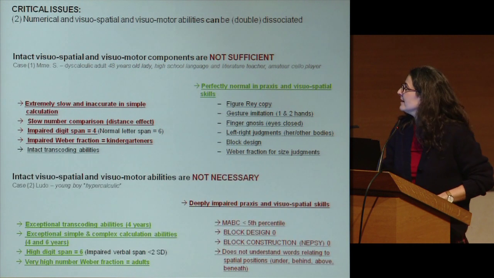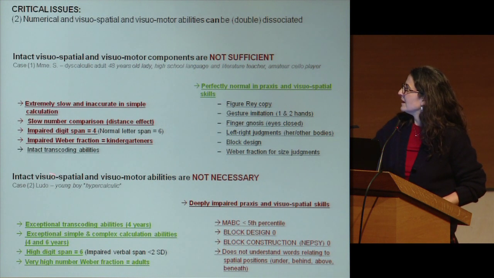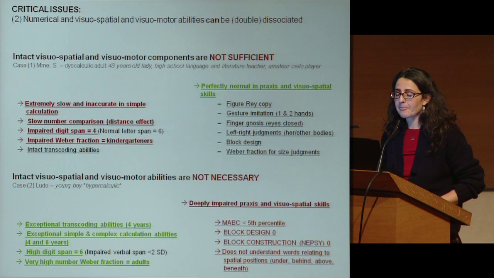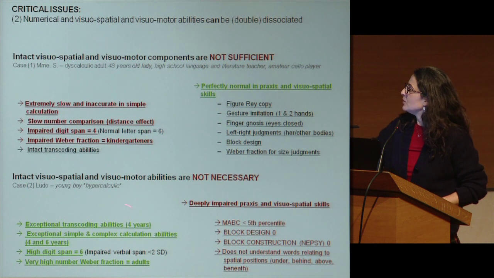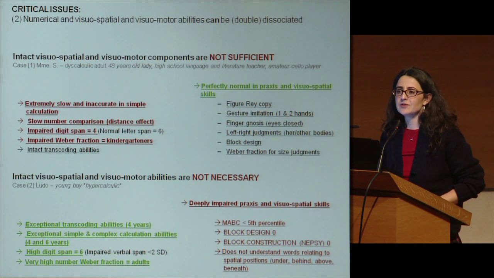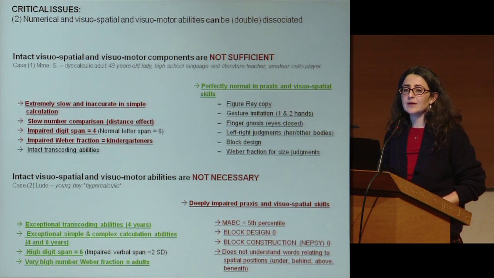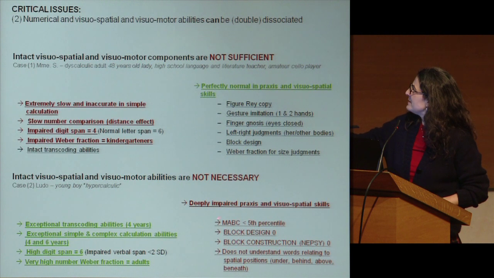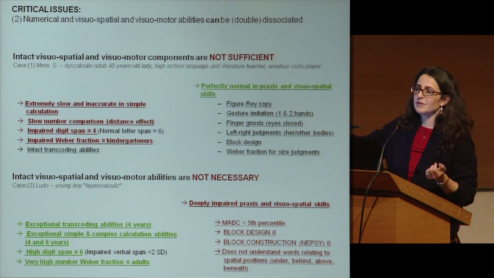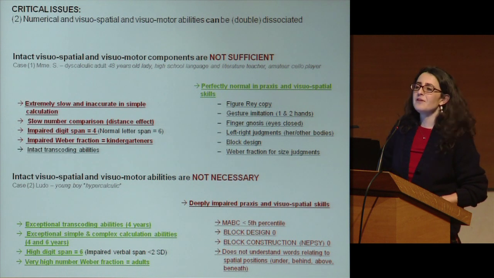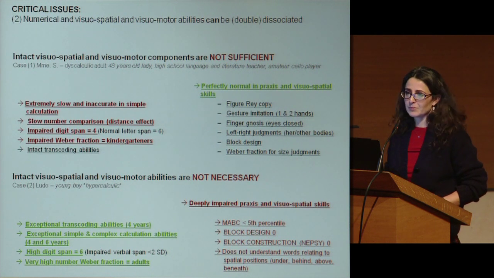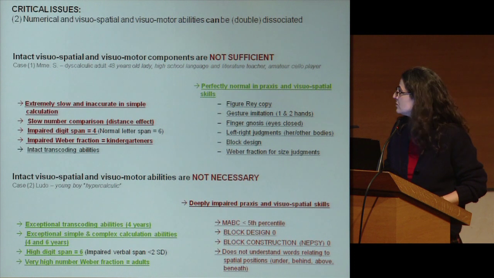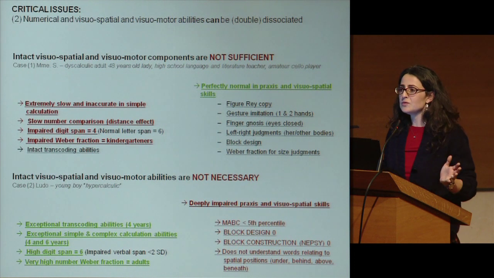Again, let me talk more about this Ludovic case. When I explained to you his exceptional calculation ability, I didn't tell you that this boy is profoundly dyspraxic. But not dyspraxic like our group of children, much more. His MABC score, where our children score lower than the 15th percentile, is lower than the 5th percentile compared to the population controlled for his age and schooling. Block design, he can't do the task.